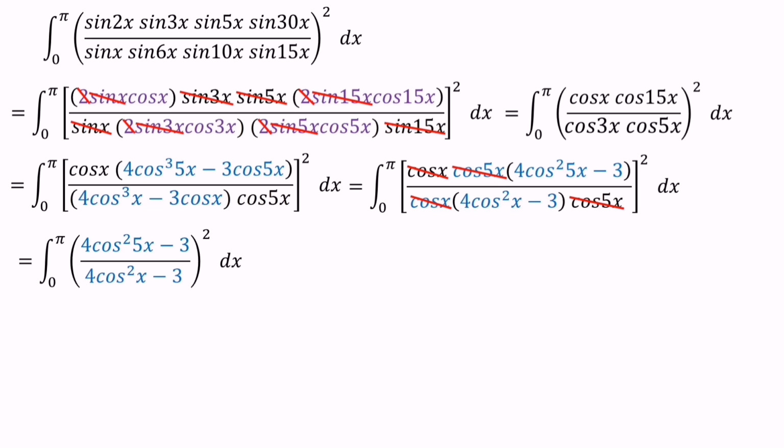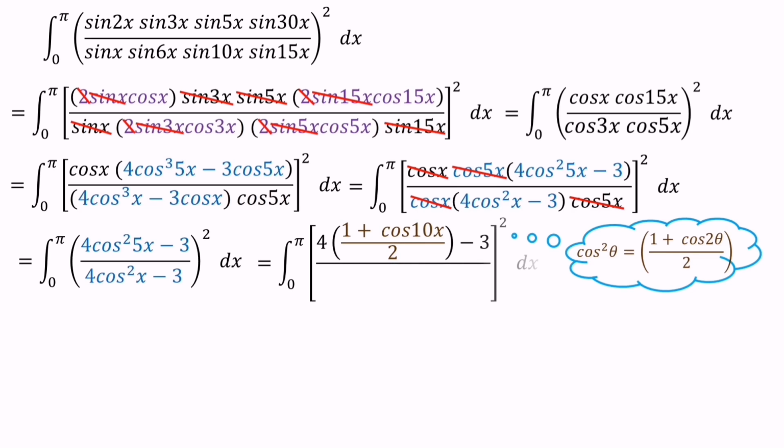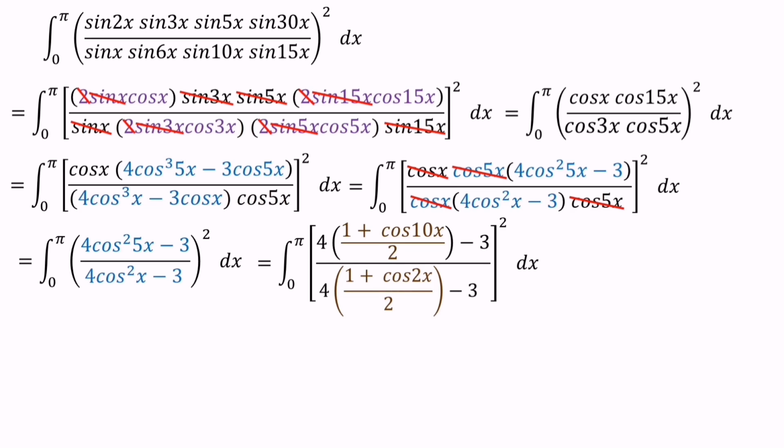We know cos squared theta equals 1 plus cos 2 theta over 2. Here, cos squared 5x we can write as 1 plus cos 10x over 2, and in the denominator cos squared x as 1 plus cos 2x over 2, using this formula. Then we can cancel out the numerator 4 and denominator 2.